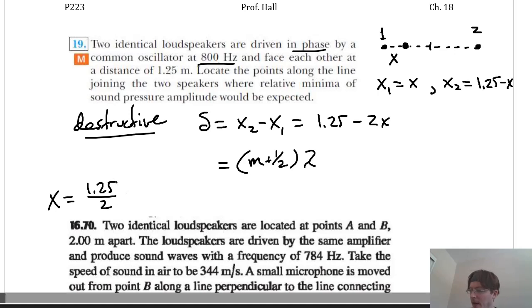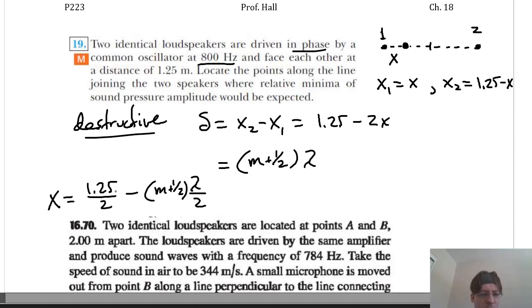And then minus m plus a half times lambda over 2. So the idea is I'll plug in the different m values, 0, plus or minus 1, plus or minus 2, and so on, and locate all the positions of destructive interference. Before we do it, let me decipher this a little bit.